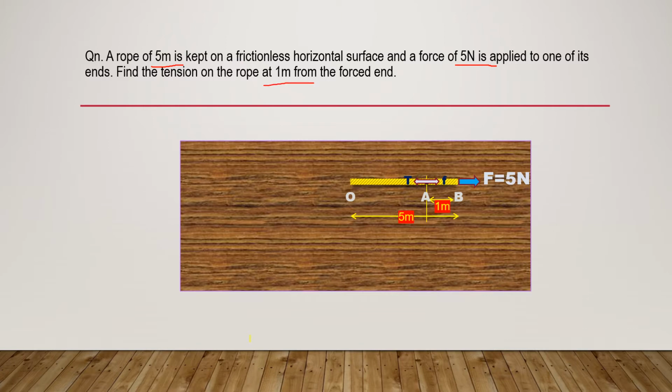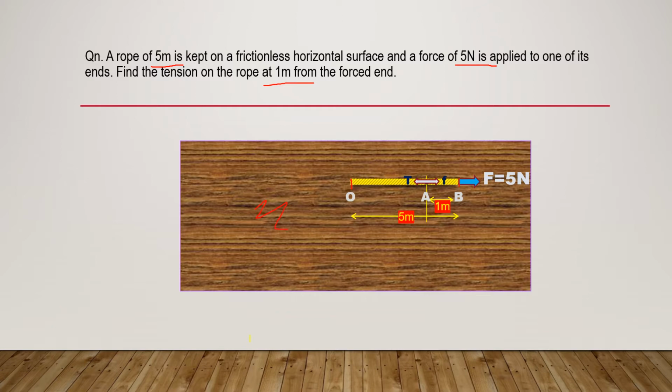So basically we have to calculate the tension at one point of a rope which is moving on a frictionless surface. Let us consider O to B is a rope which is moving on a frictionless surface.